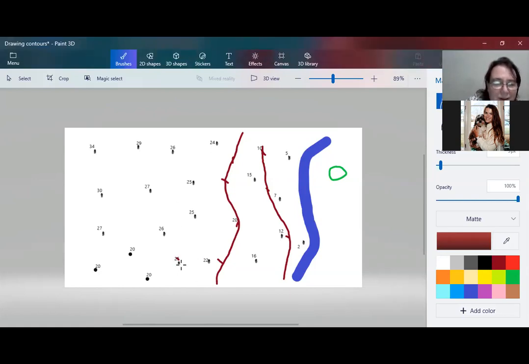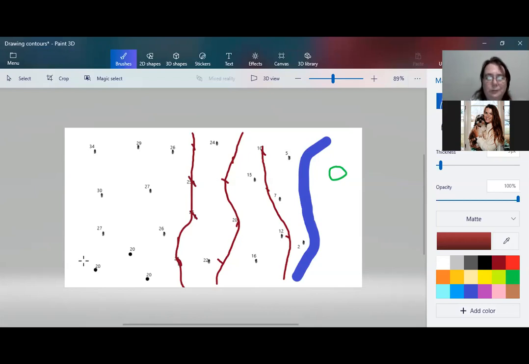So here's a 25, here's a 25, here's a 25, 25, 26, 22, 26, so that'll be about here. 24, 26, that'll be in the middle. And again, you're going to ignore these 20s for right now, and your 25 will look something like that.